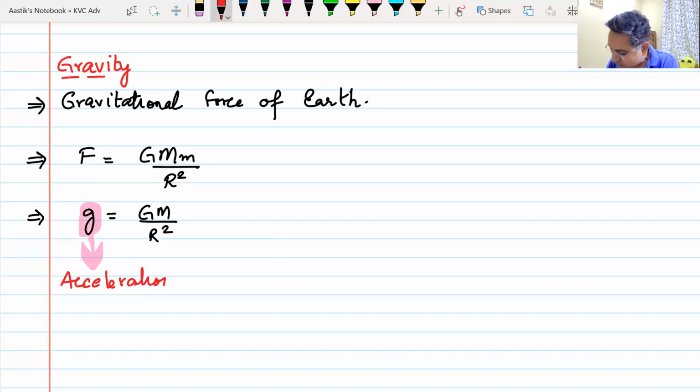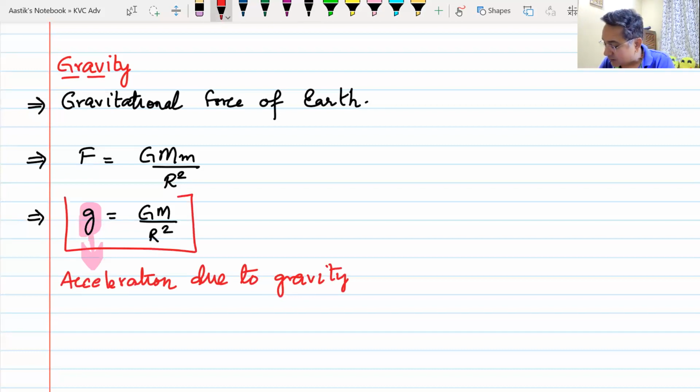So this is the value of your acceleration due to gravity, which is nothing but the gravitational field on the surface of Earth, and this becomes the formula for acceleration due to gravity on the surface of Earth. The value of this comes as 9.8 meter per second square on poles and the surface of Earth.